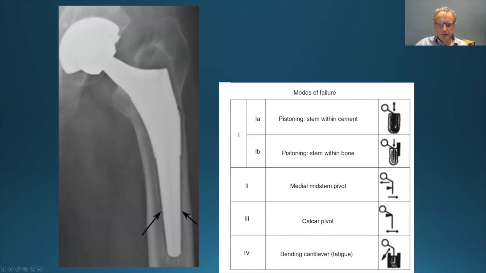Radiolucent lines in zones 1 and 2. And you can also see these radiolucent lines further down. So this looks loose to me because it's going further down, and it's subsided, and you've still got these radiolucent lines. So that is pistoning.